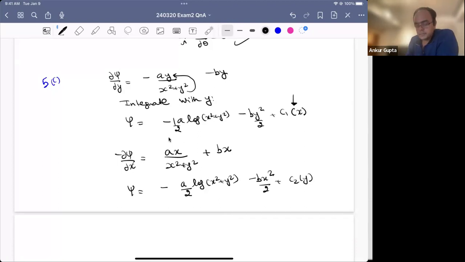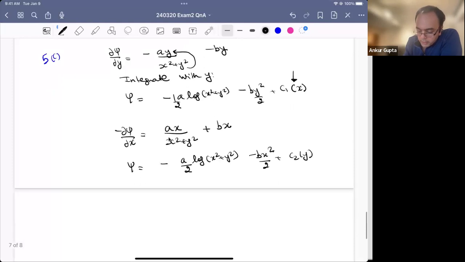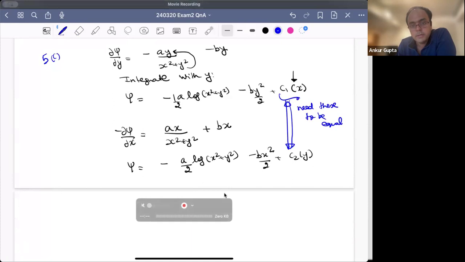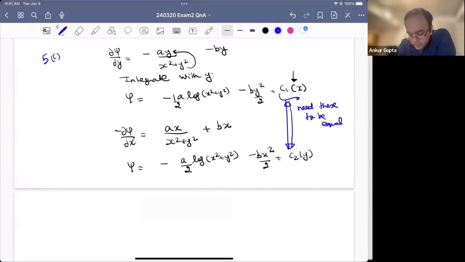Now is where I think you are confused: how did I combine them? I need these to be equal because they are both essentially the same psi. So how do I make sure that my top equation is equal to the bottom equation? What am I missing in the top equation that is present in the bottom equation?